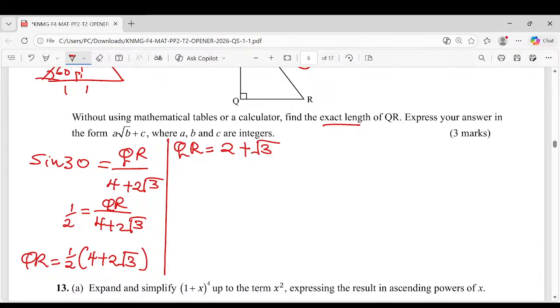But now they want to leave your answer in the form of A plus B root C. So it will mean my QR will be given by root 3 plus 2. That is the answer for that beautiful question, ladies and gentlemen.